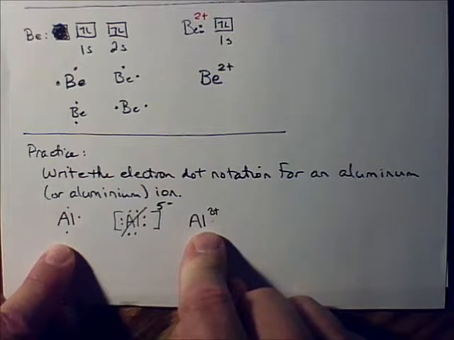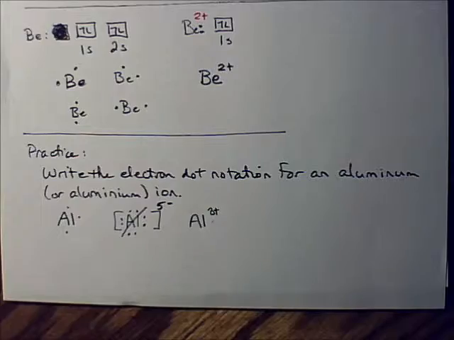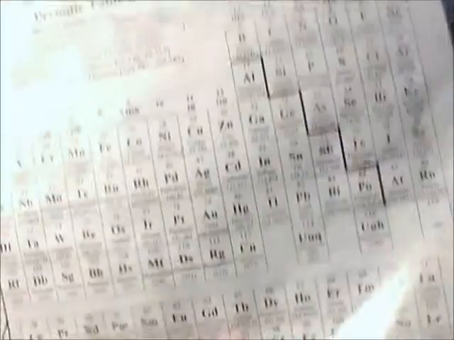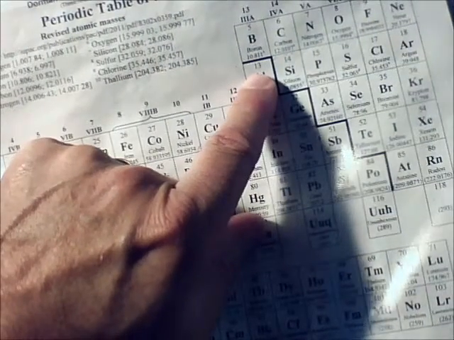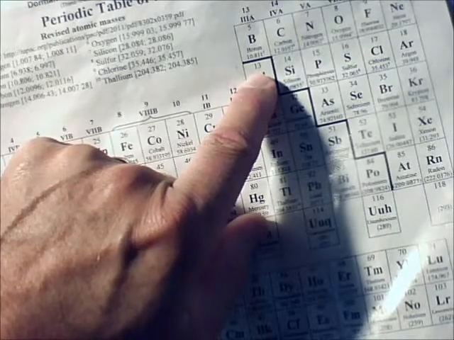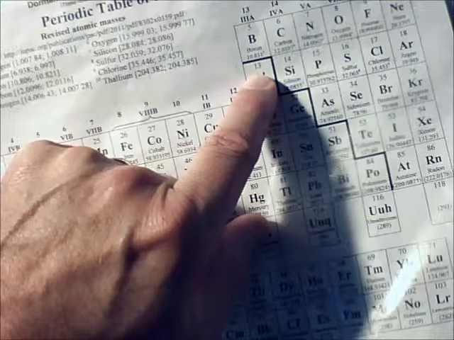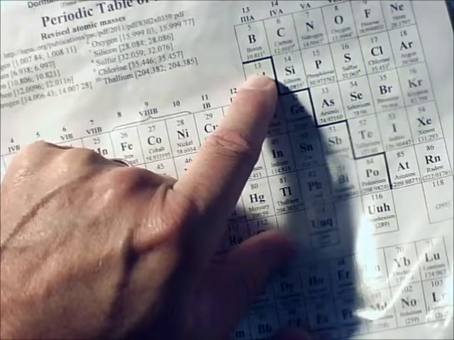So the aluminum, if it has 3+ charge, it's going to get that 3+ charge because you remove 3 electrons. The aluminum atom has 13 protons. And so for the atom of aluminum, it's also got to have 13 electrons, so that the protons, which are positive, balance out the electrons that are negative.